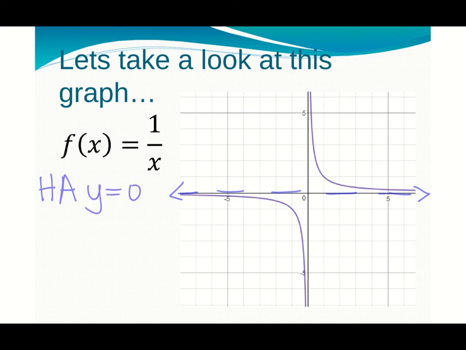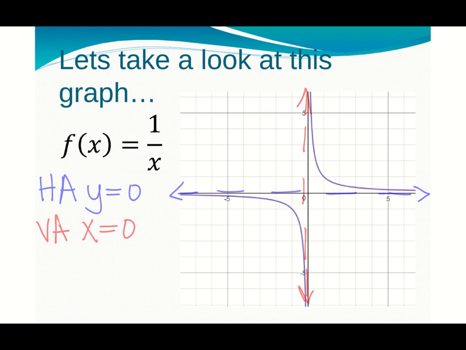We have the same thing if we look at our vertical axis, the y-axis. We have this boundary here that this rational function never crosses. Since we have a vertical line, we have a vertical asymptote. And our vertical asymptote is going to be at x equals 0.